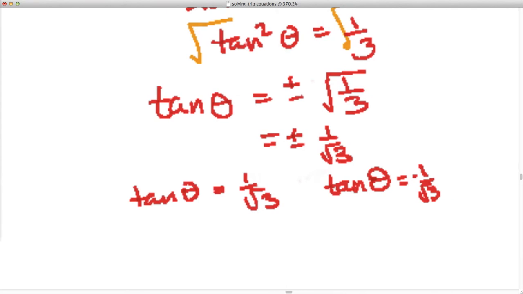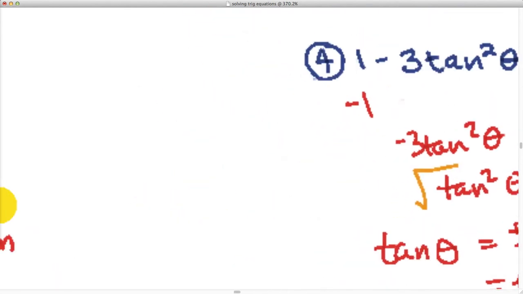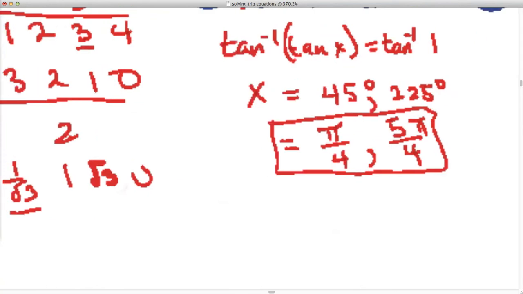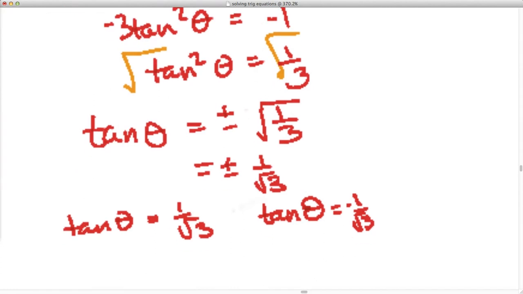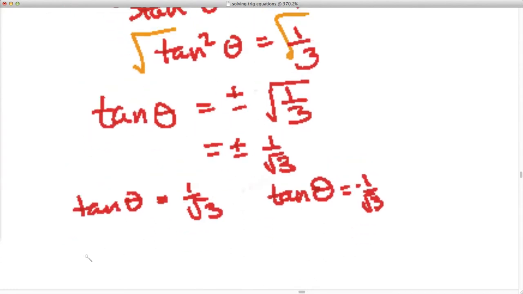So in this case, we're going to have to determine what reference angle has a tangent of 1 over root 3, and if we come over here, that would be this one underlined here, which is 30 degrees, or a 6th denominator. So the reference angle of 30 degrees always has a 6th denominator no matter what quadrant we are in. When we take the arctan of both sides, we get rid of the tangent on the left side, and we ask ourselves which of the angles have a tangent of 1 over root 3 that's positive.